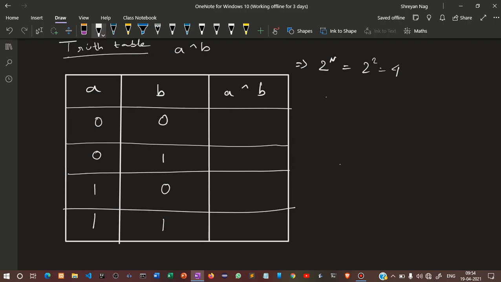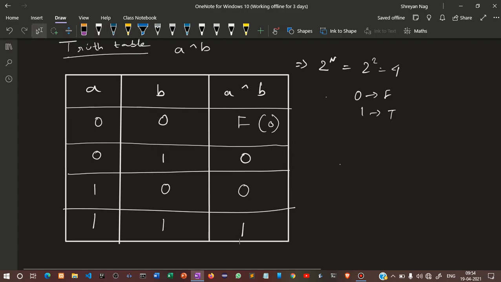Here 0 means false, 1 means true. Both conditions are false, so it will be false, that is 0. If any one of them is true, it doesn't matter for conjunction, because conjunction says that both conditions have to be true, so it is false. It is also false, and the last statement is true, since both of the statements are true.